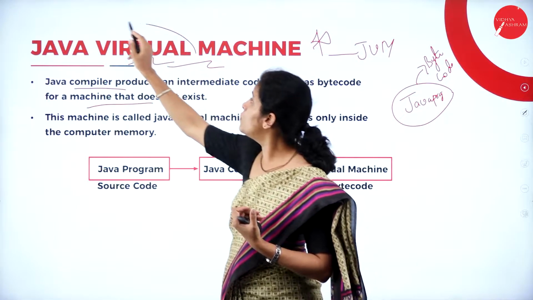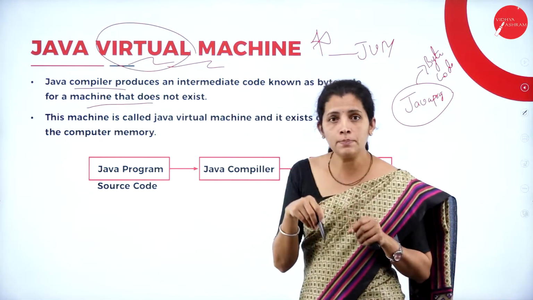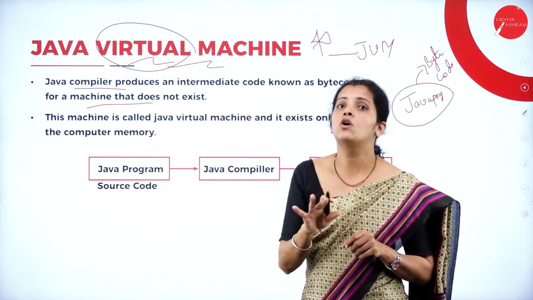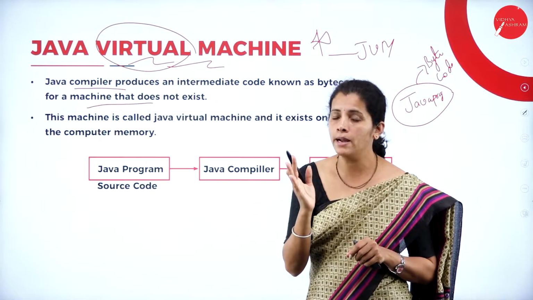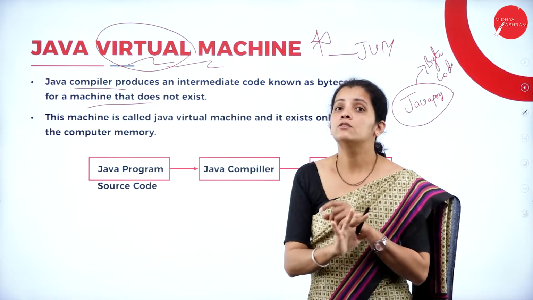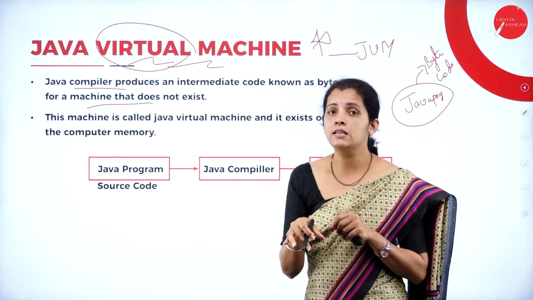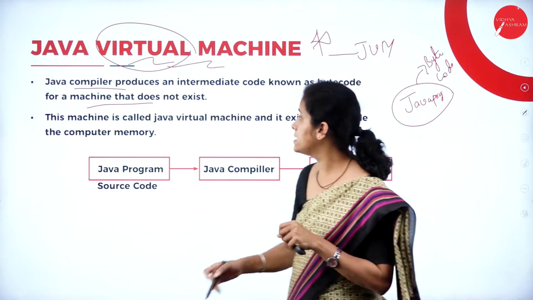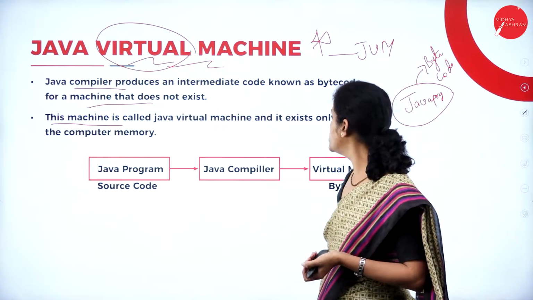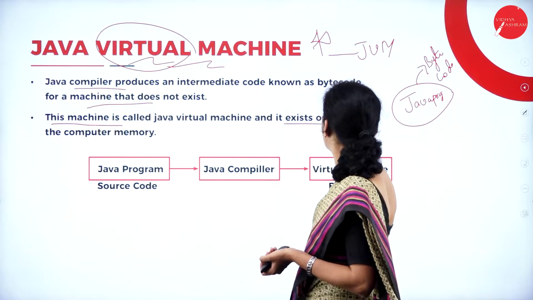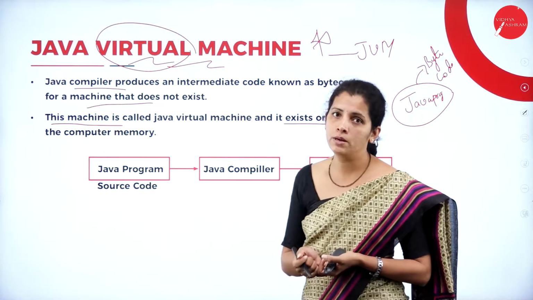So what is virtual? It's logically present but physically not present. I'm going to get the same working environment, but it is not physically present, it is logically present. This machine is called the Java virtual machine and it exists only inside the computer memory.